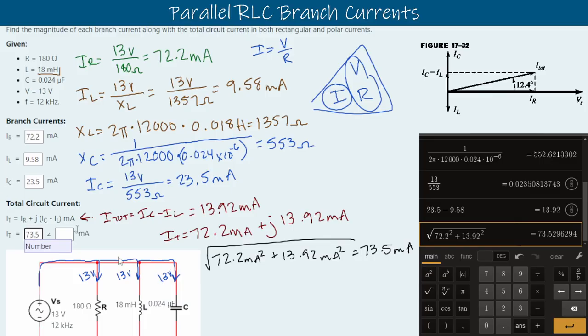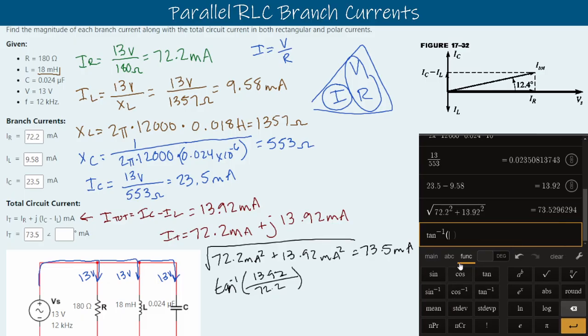73.5. And then our phase angle is that inverse tangent equation. Tangent to the -1 of B over A, so that's 13.92 over 72.2. That'll give us our phase angle.